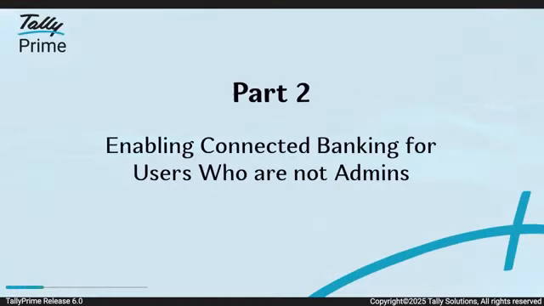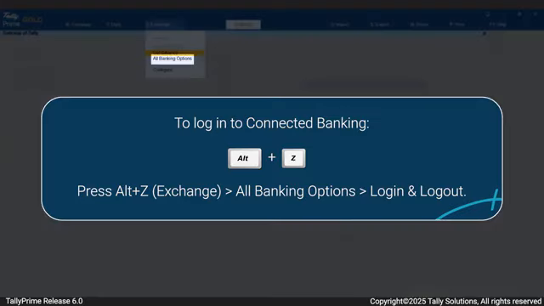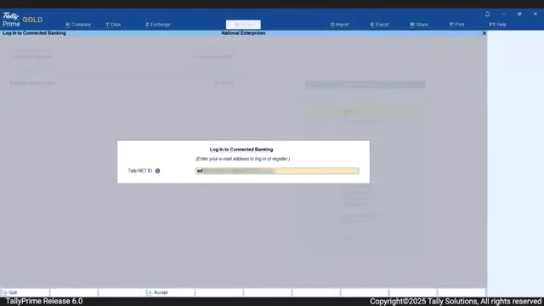Now, in a multi-user scenario, as an admin, you might need to enable connected banking for the users who are not admin. Press Alt-Z, all banking options, and then log in and log out. Enter the Tally.net ID of the user.